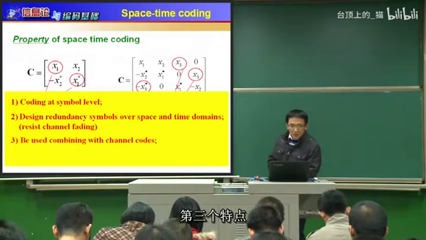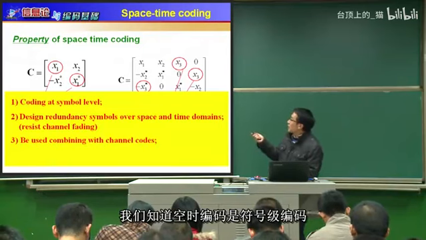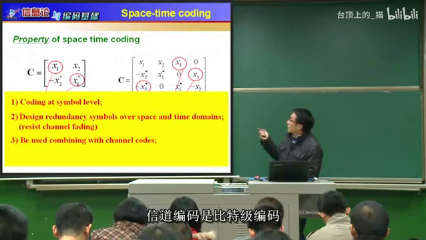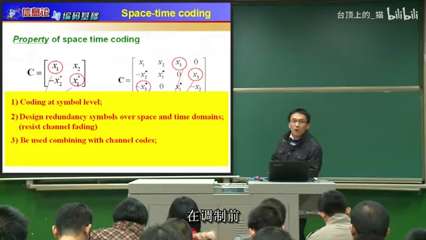The third property: we know space-time coding is done at a symbol level after modulation, and traditional channel coding is made at a bit level before modulation.